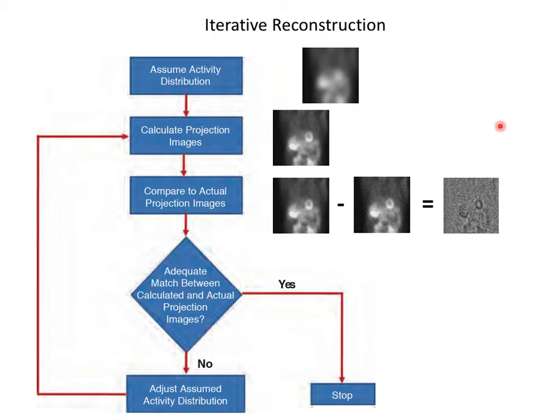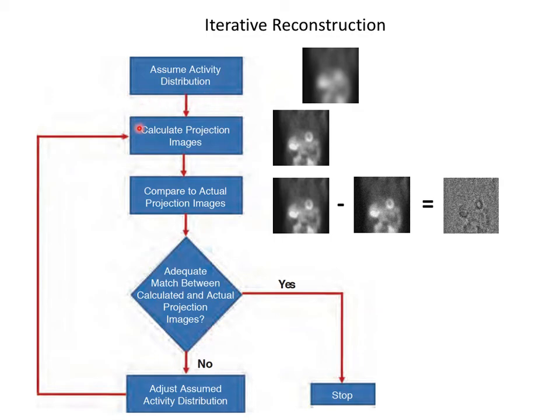So in iterative reconstruction, it's like doing a huge least squares reconstruction using the data from the projections. And so what you can do is you can assume an activity distribution to start with, and your first assumption, the one you start with, can be, I'll assume it's uniform, right?